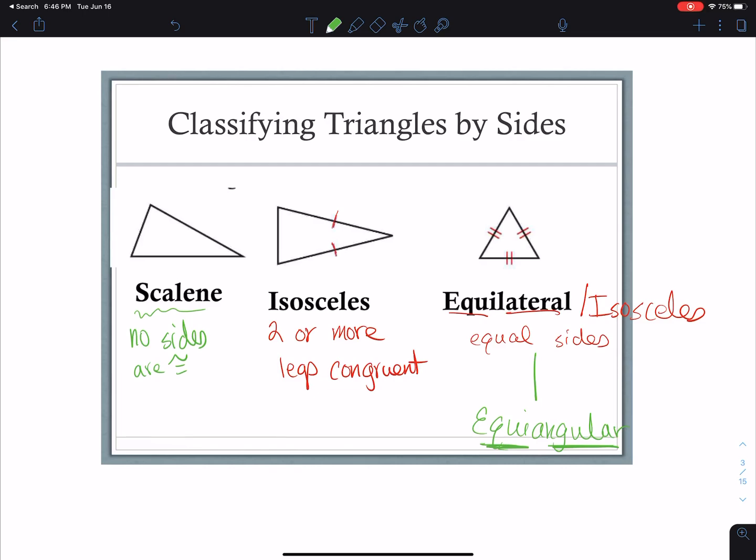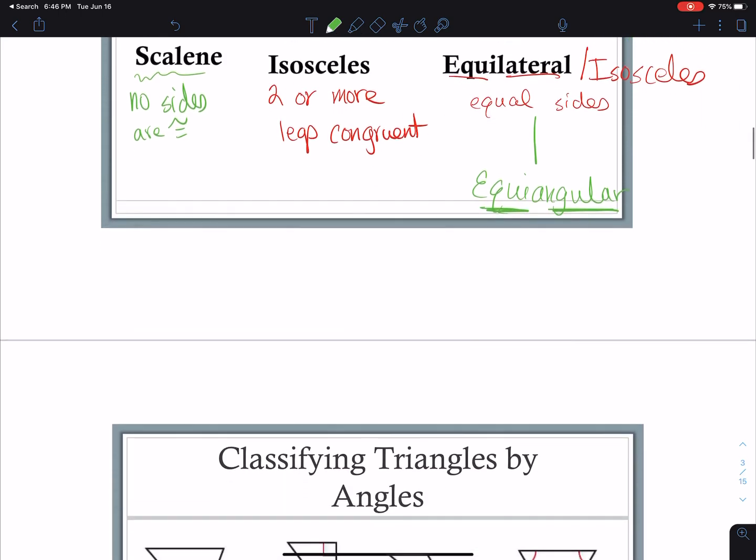So that would mean all three angles are congruent. Now, since we know a triangle adds up to 180, you would simply say, hey, 180 divided by 3, that means all angles are 60 degrees. So an equilateral triangle, all angles will be 60 degrees. Okay, that's a nice little trick to hang on to.